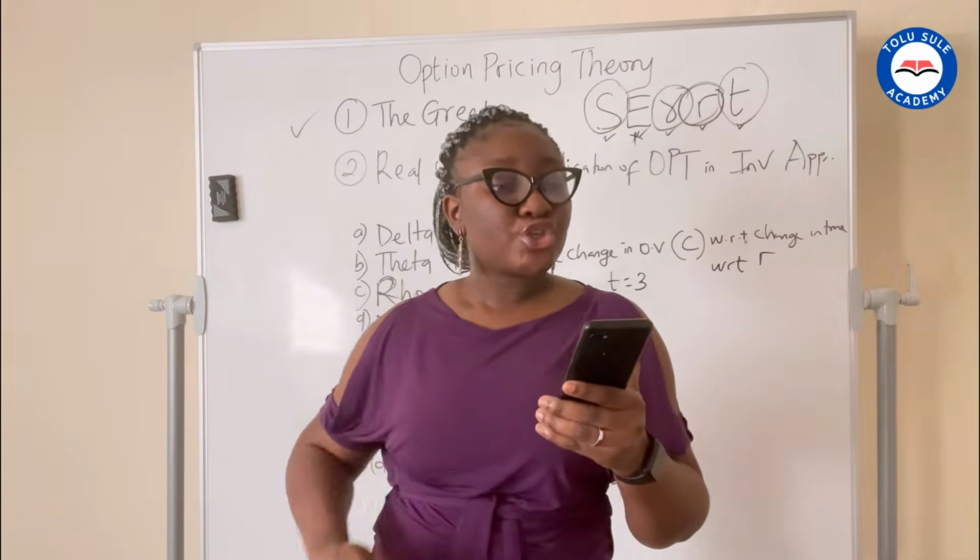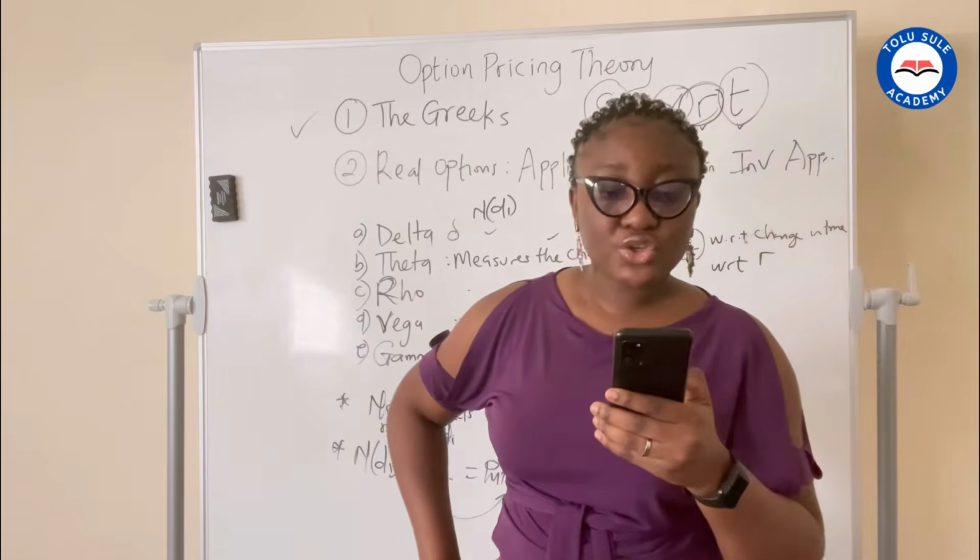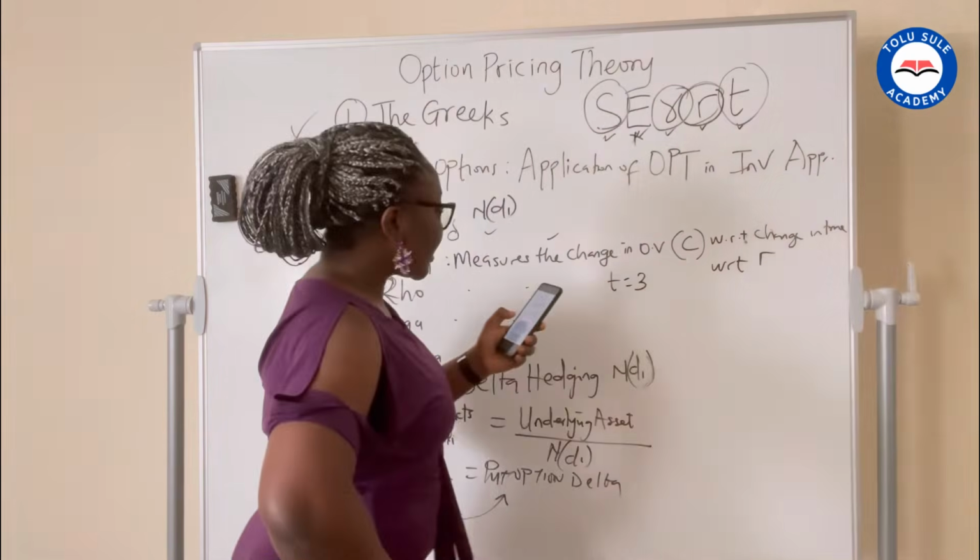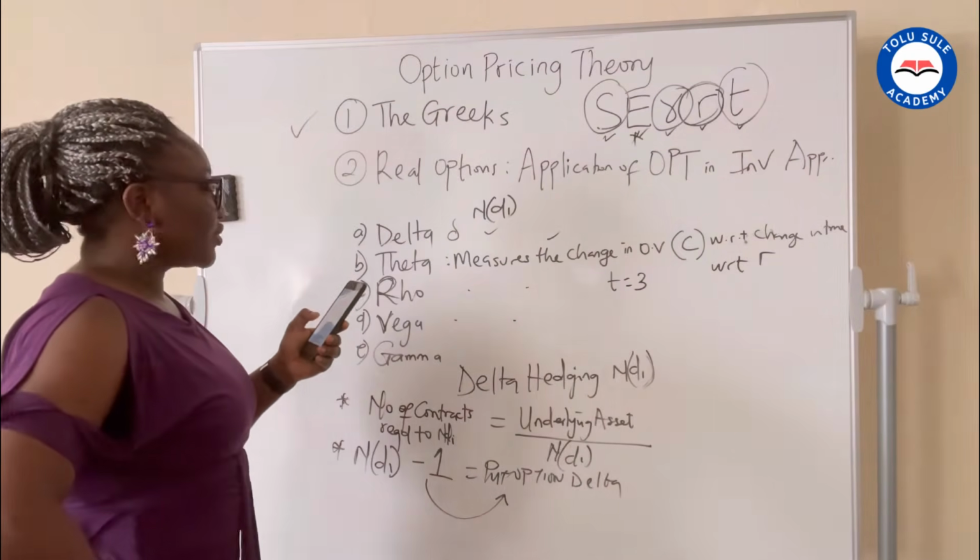Okay, so we are asked to briefly discuss the terms delta, theta, and vega, which is just 5 marks.